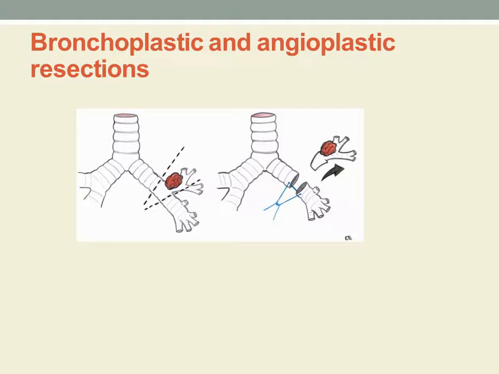Bronchoplastic resection refers to resection including the main bronchus or the bronchus intermedius, usually with a complete ring of the airway, and continuity is restored by reanastomosis of the proximal and distal airway. Angioplastic resection refers to resection that involves the main pulmonary artery, and continuity is restored by end-to-end anastomosis and reconstruction. Bronchoplastic resection is usually used in the setting of low-grade airway tumors such as atypical carcinoid, and bronchial sleeve resection spares the lung parenchyma.